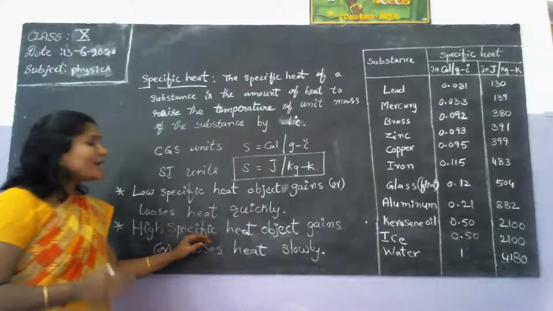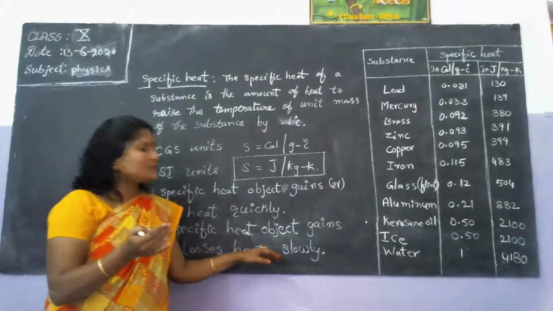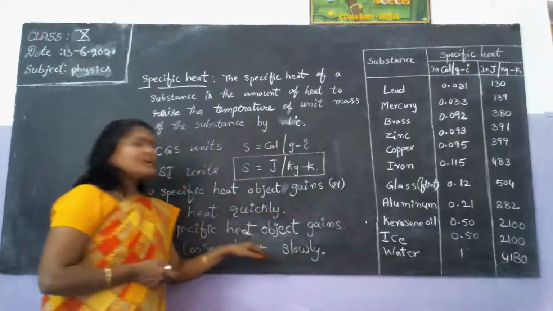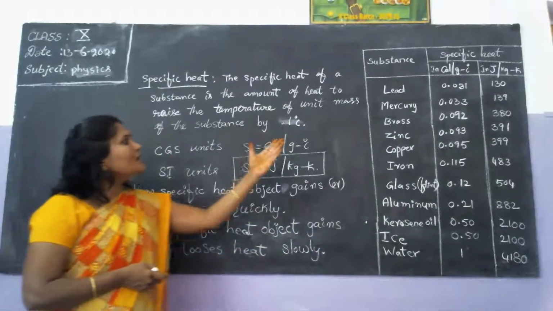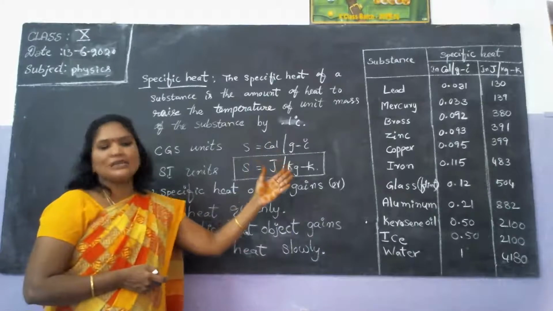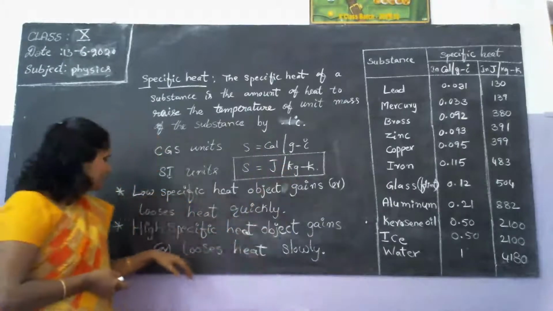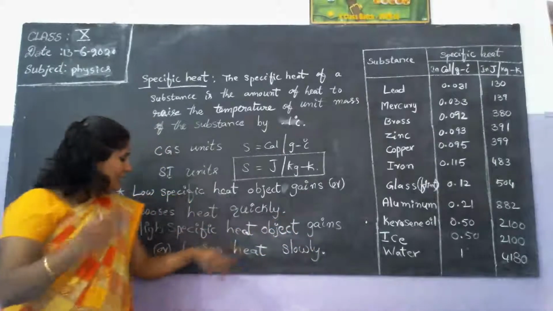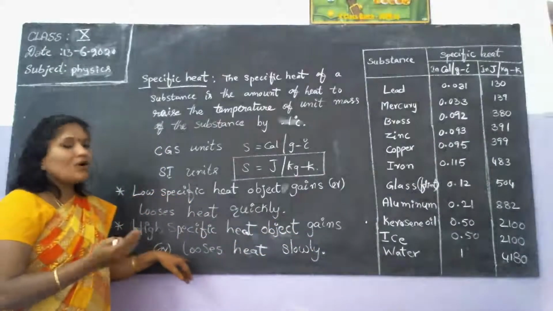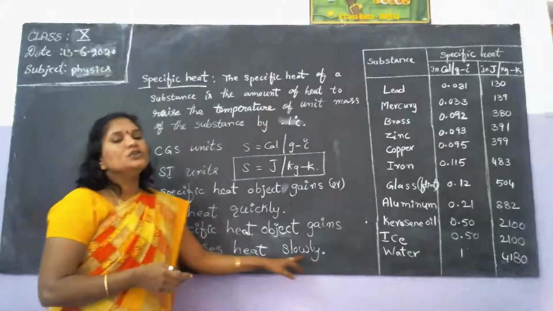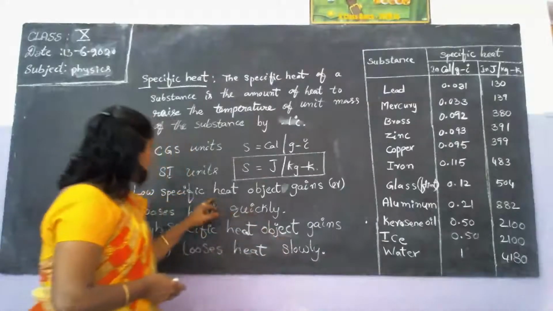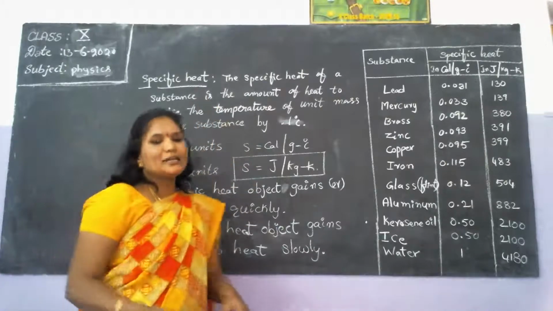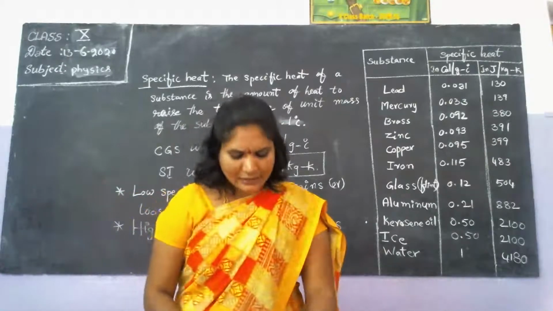Water has a higher specific heat compared with lead, mercury, bronze, zinc, copper and iron, so it gains or receives, and loses or releases, heat slowly. These are the two main points about the specific heat of a substance.